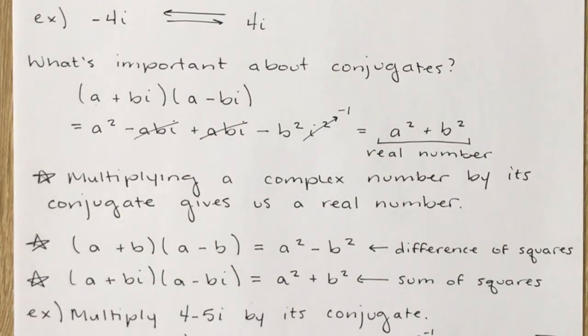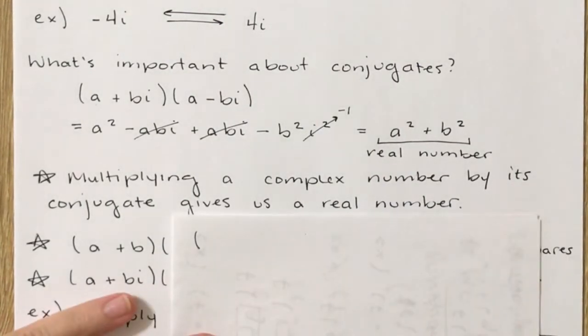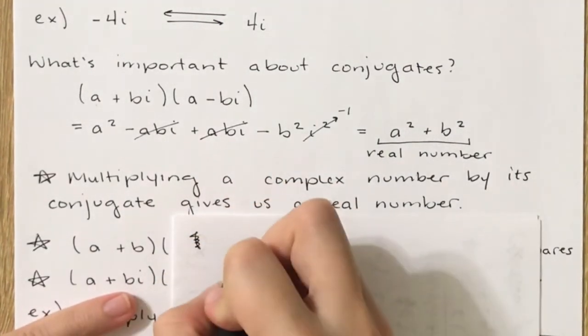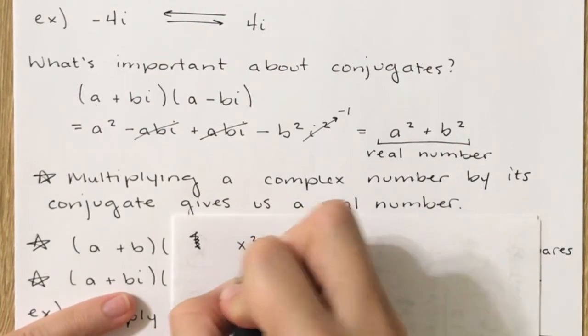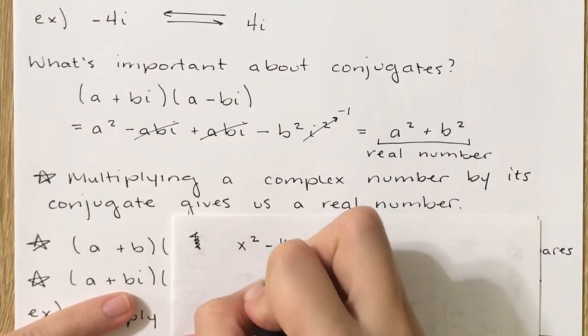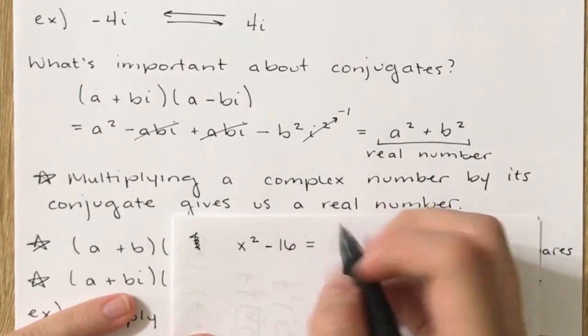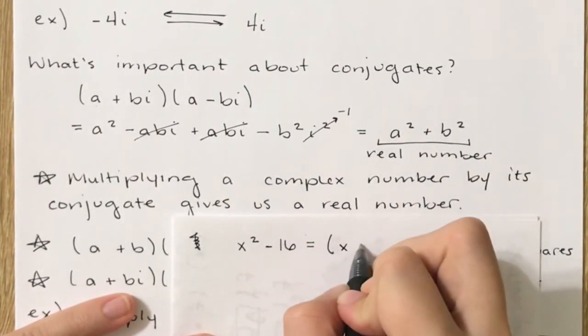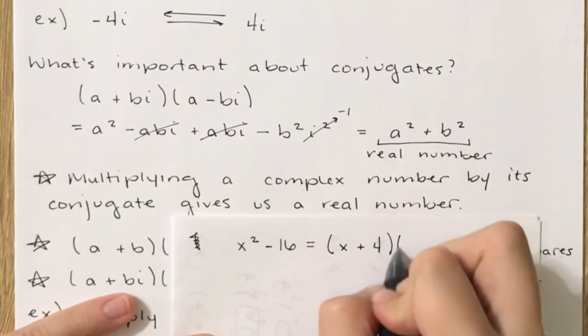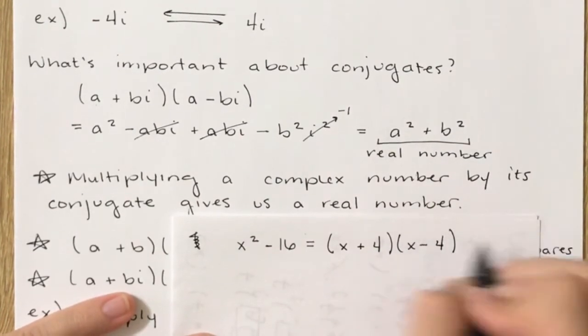If you're feeling like you don't super remember the difference of squares, we've seen it before when we have something like x squared minus 16. The difference of squares tells us that this is equal to x plus 4 times x minus 4, right?